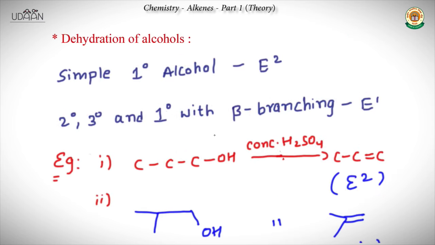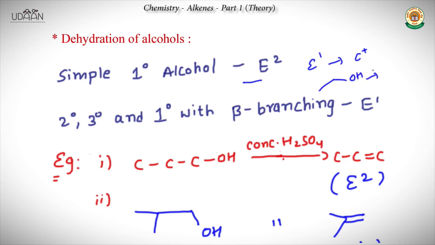So continuing with the dehydration of alcohols, we are now going to study how simple 1 degree alcohols or primary alcohols undergo E2 elimination. First, simple primary alcohols undergo E2 elimination, because I already told you that in E1 elimination we get a carbocation, and for a primary alcohol you will get a primary carbocation.